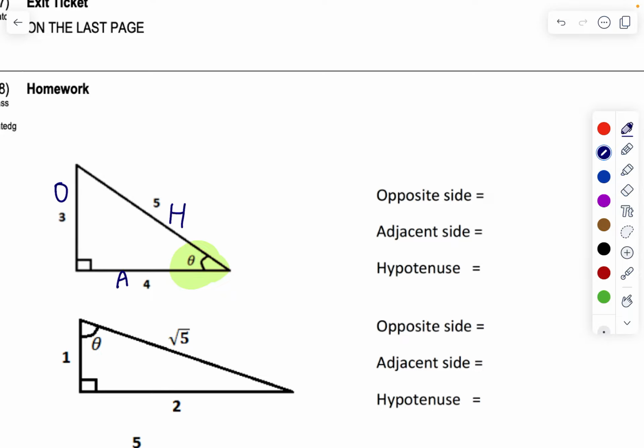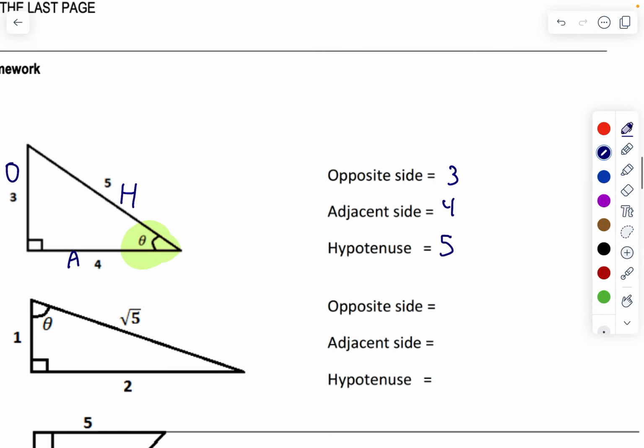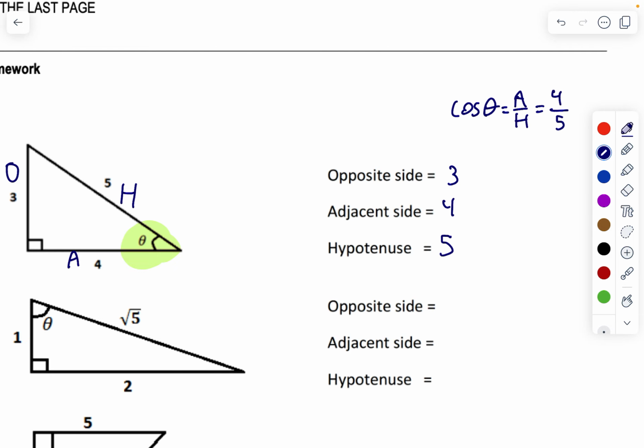Hypotenuse is always along the side. Hypotenuse is 5, the adjacent side is 4, the opposite side would be 3. And if I wanted the cosine of theta, for example, I need the adjacent over the hypotenuse, which will be 4 over 5.